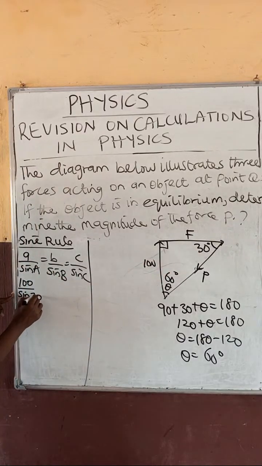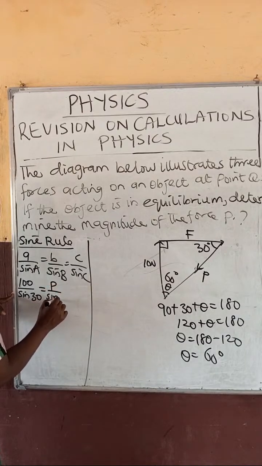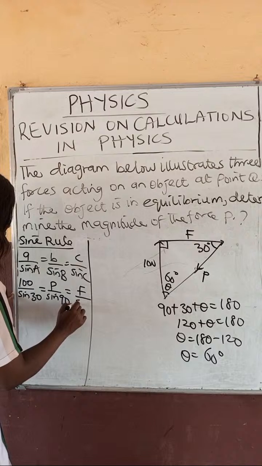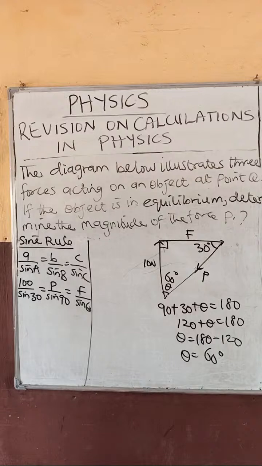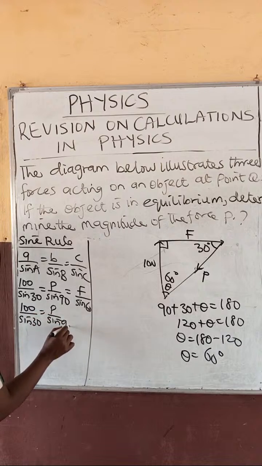So let's go. We say this is 10 over sine 30 is equal to P over sine 90 is equal to F over sine 60. Now I can use this to equate this and also equate this to get the unknown. So the first thing is to get the value of P. So 10 over sine 30 is equal to P over sine 90, right?